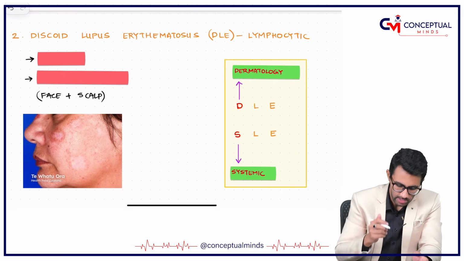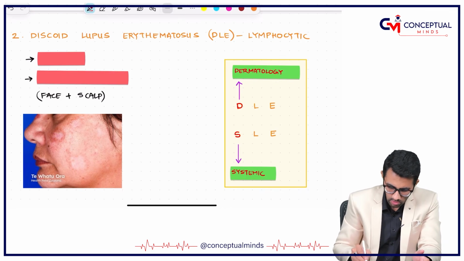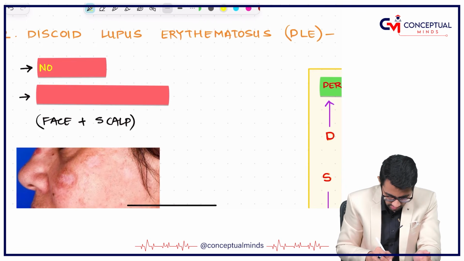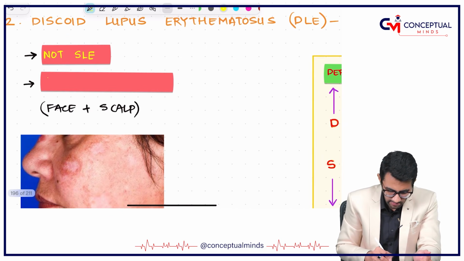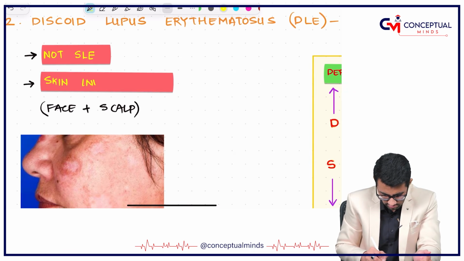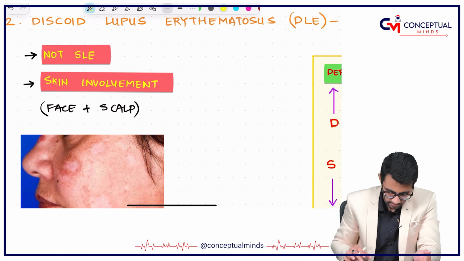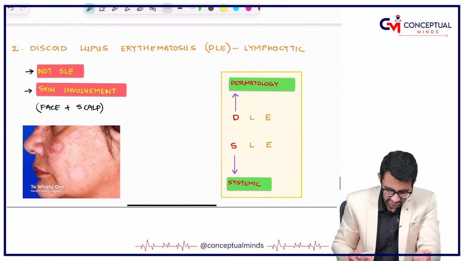That is one thing we need to remember, that first of all, this is not SLE. And over here there will be skin involvement. Okay, that is one thing that we have to remember.